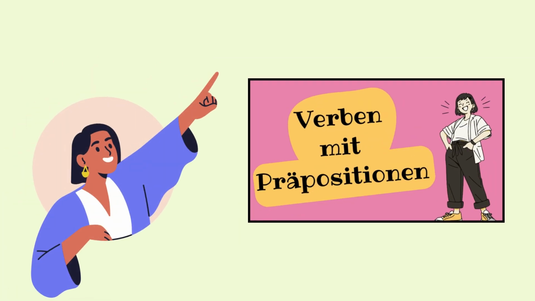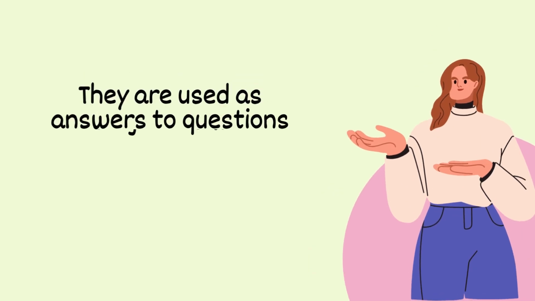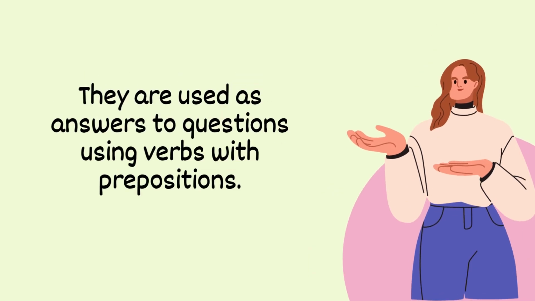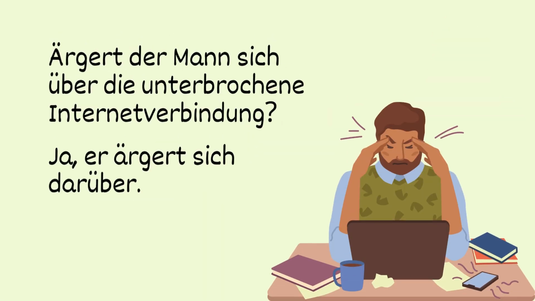If you don't know what I'm talking about or want to learn more on how to use Verben mit Präpositionen, watch this lesson first. Now these da words are used as answers to a question which uses a verb with preposition. Let's take sich ärgern über as an example. Ärgert der Mann sich über die unterbrochene Internetverbindung?